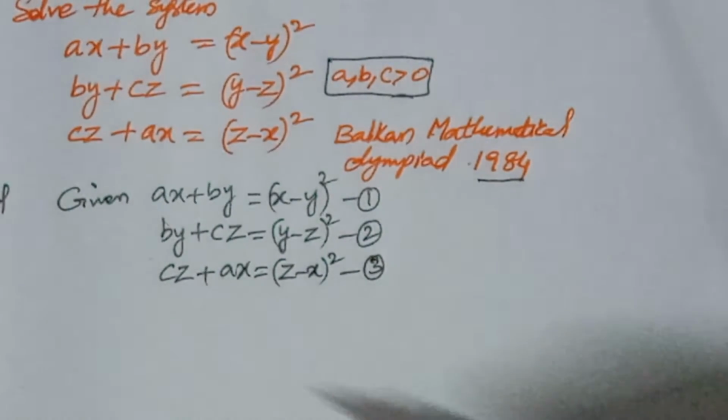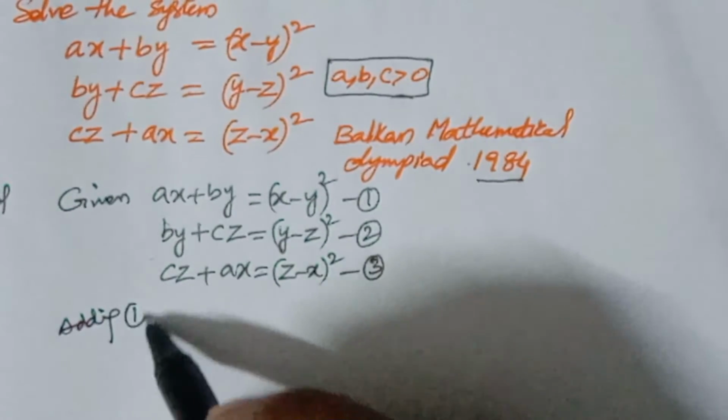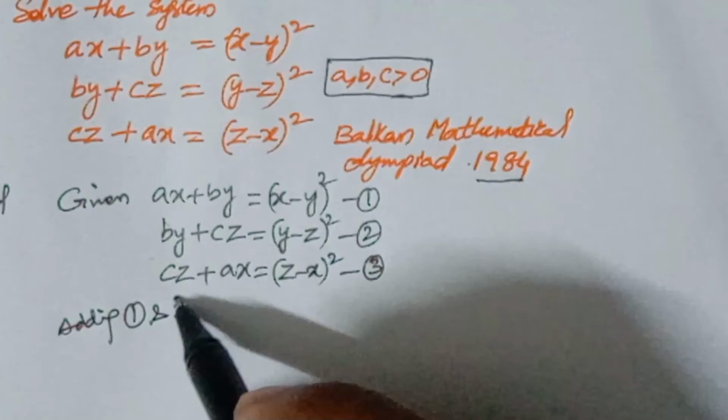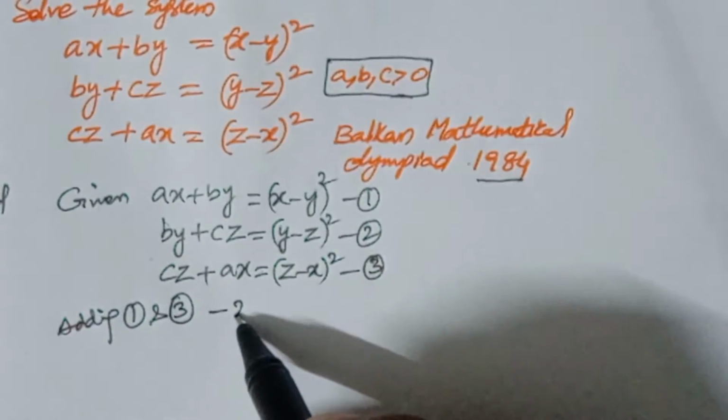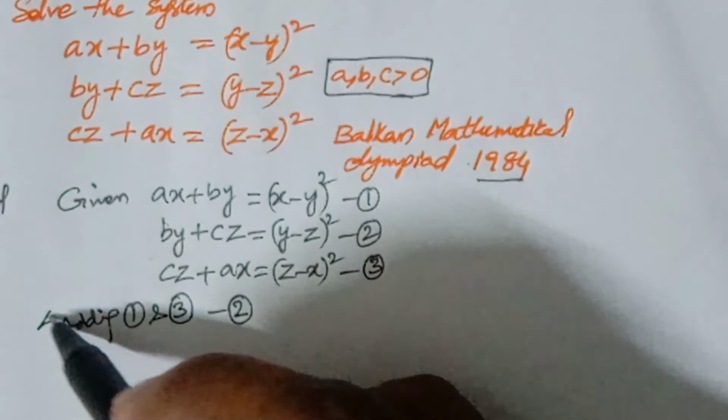What is the logic? Adding 1 and 3 and subtracting 2 from that. This is the main logic we are having.